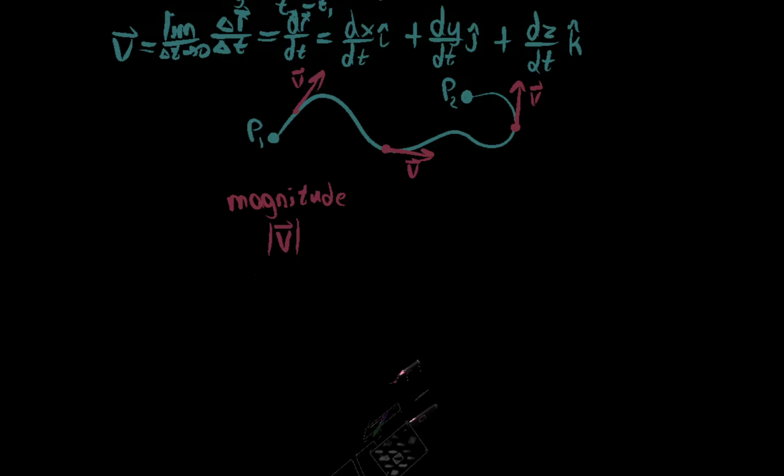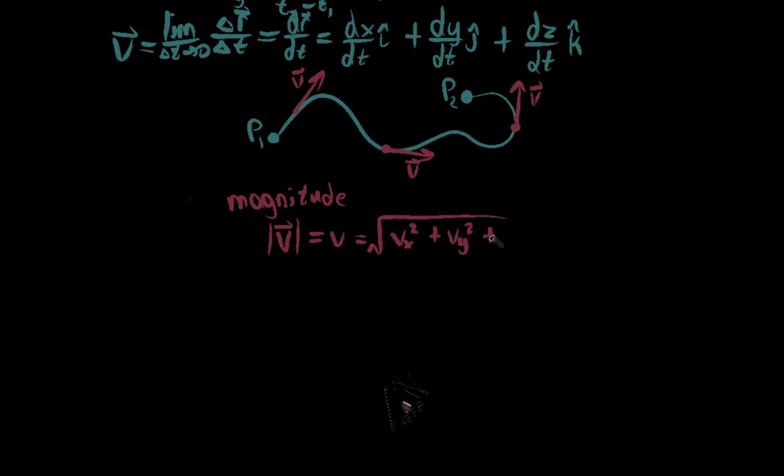It's not absolute value, it's magnitude when it's applied to vectors in this way, which would otherwise be written v without its vector. So the magnitude of the vector v is equal to the square root of vx squared plus vy squared plus vz squared.